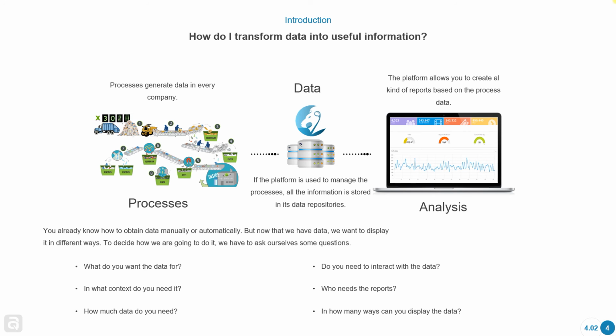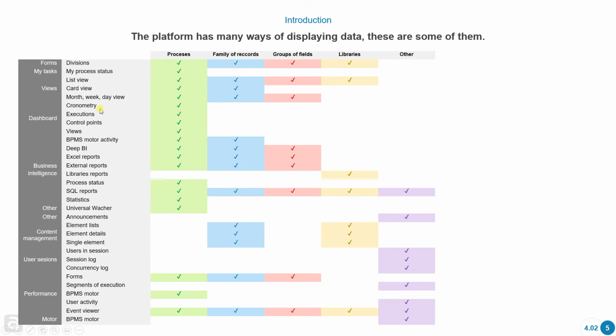Or maybe the report is meant to be used by someone that's not so tech savvy, they don't have so many skills. So it would be better to create a more simple report with less detail and things like that. Once we take this into account, we're going to choose one of all the different ways that we have, or maybe we might combine several different options in order to build a report.